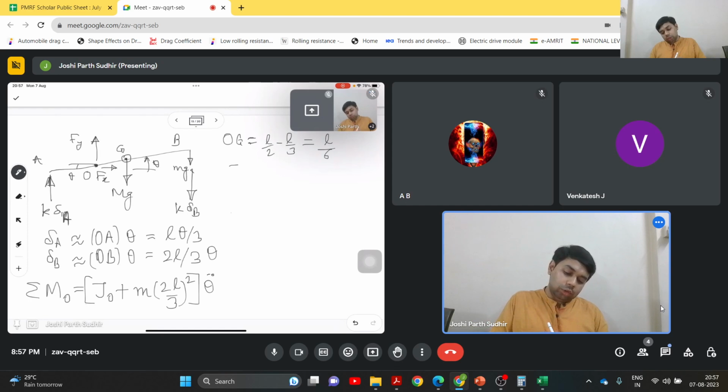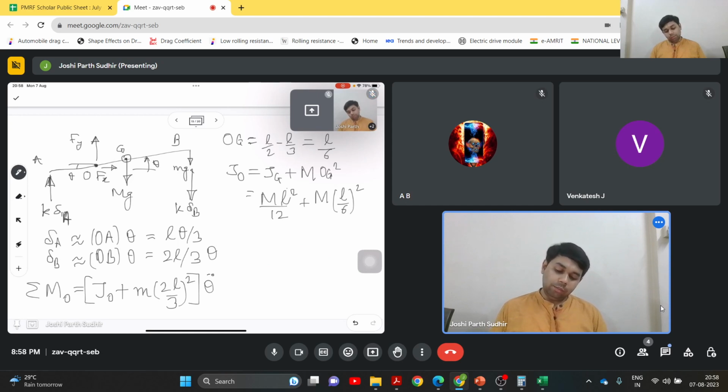So Jo will be the moment of inertia of the bar about its center of mass Jg plus capital M into OG whole square, which is M. So that will be the value of Jo.